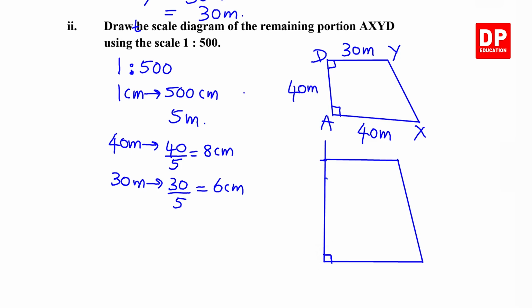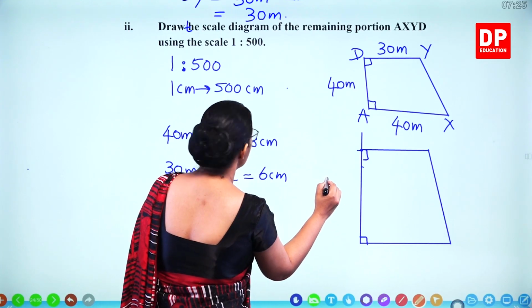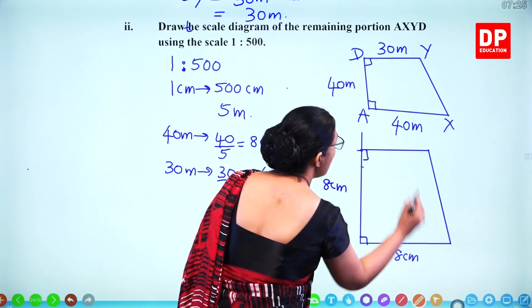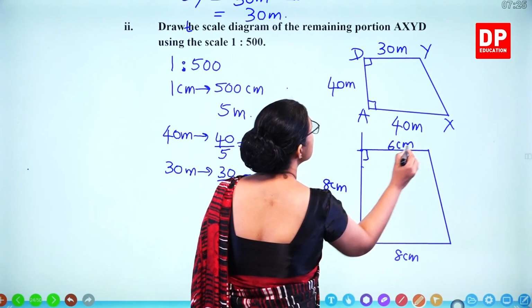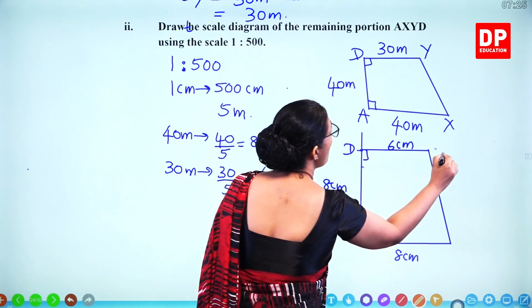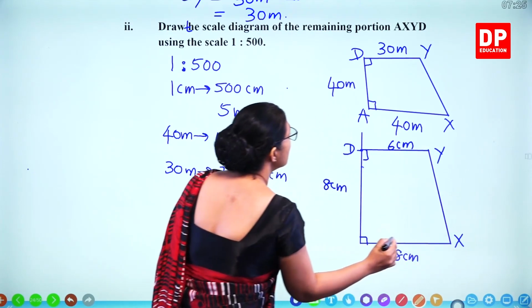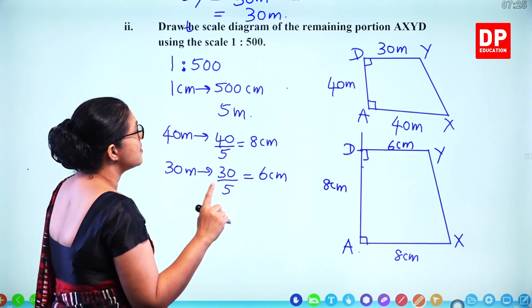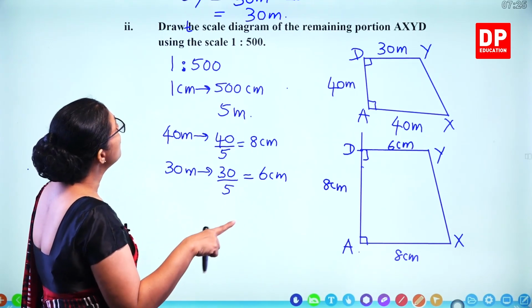So this is 90, this is 90. We took this one as 8 centimeters, 8 centimeters, and this is 6 centimeters. D, Y, X, A. AXYD is the new land now.